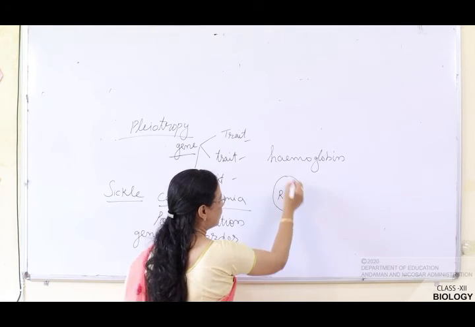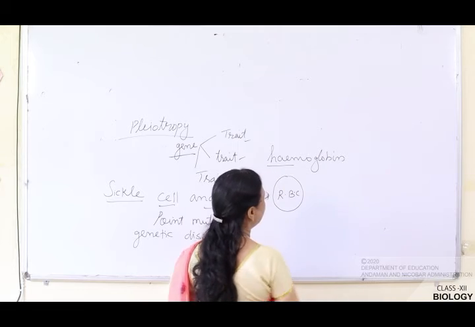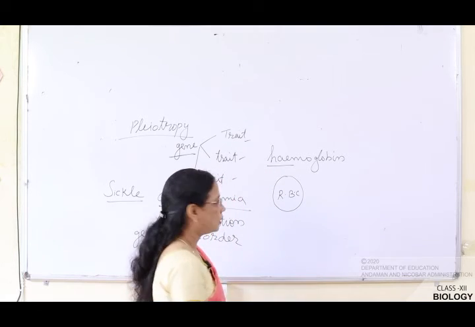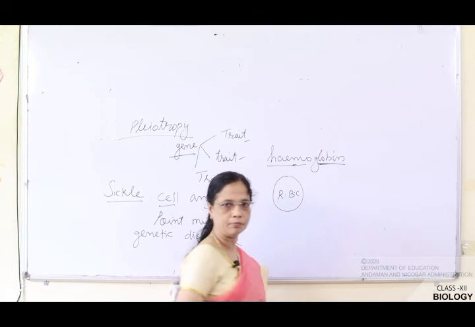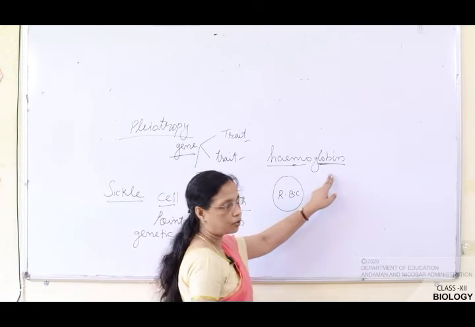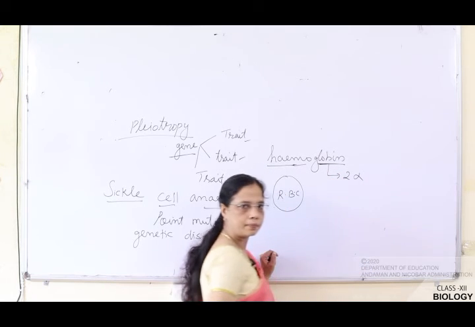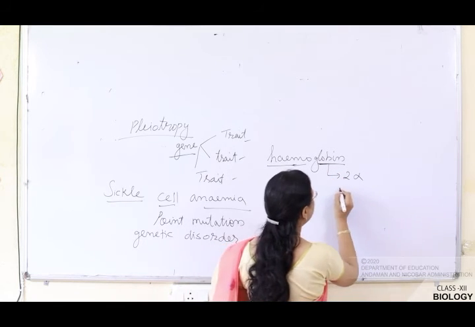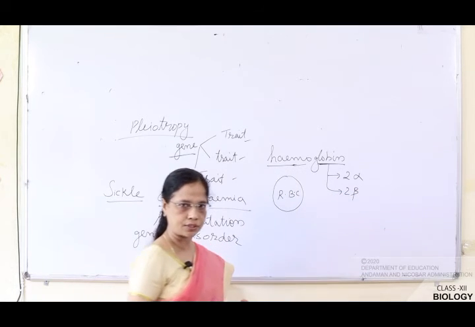Inside the red blood cell you can see the hemoglobin. This is the iron part of the hemoglobin, and this is the protein part of the hemoglobin. This globin is made up of 2 alpha polypeptide chains and 2 beta polypeptide chains.